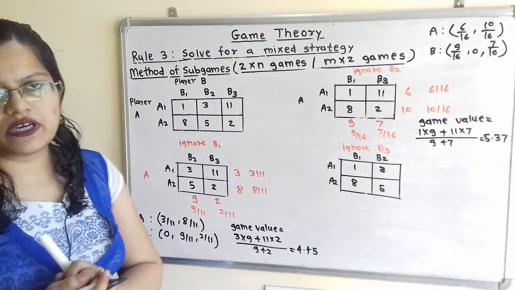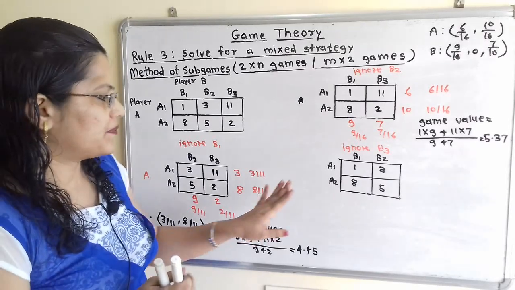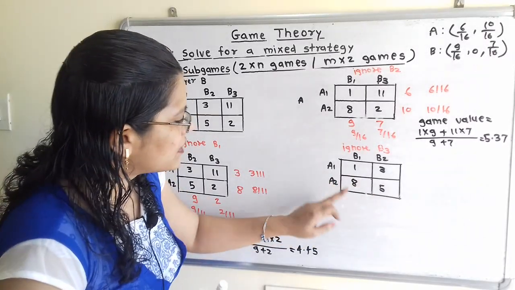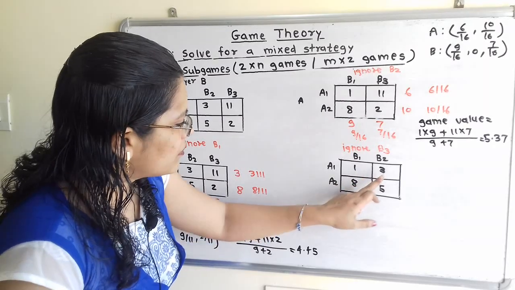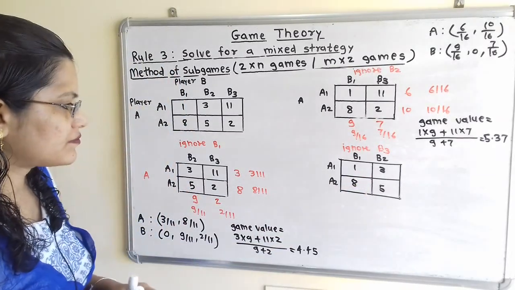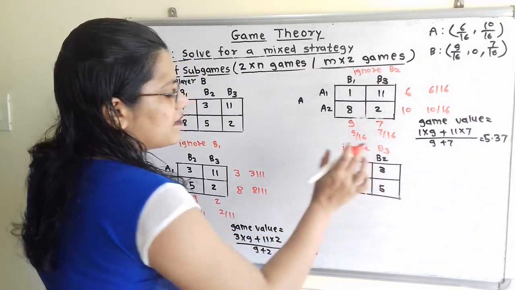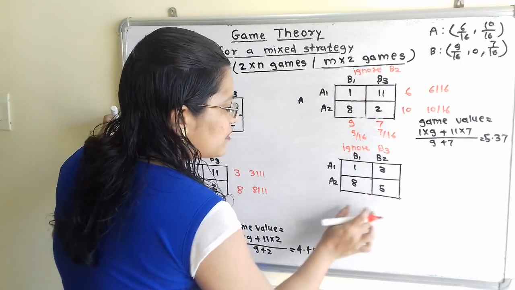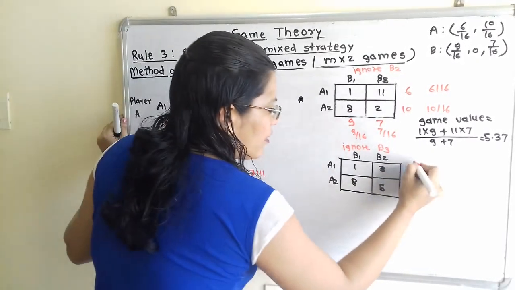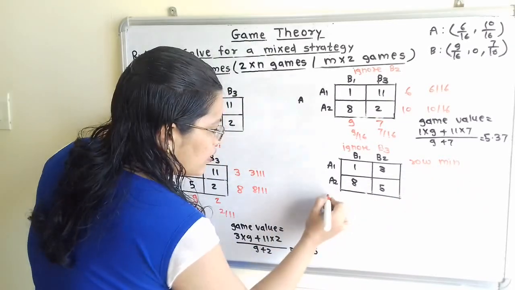Now we will move to the next subgame. So here is subgame 3. Again if we observe the elements, we will take here 1 and 3. We will first check the row minimum and column maximum.